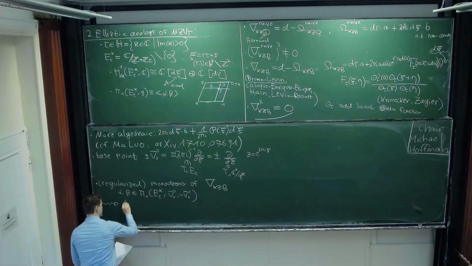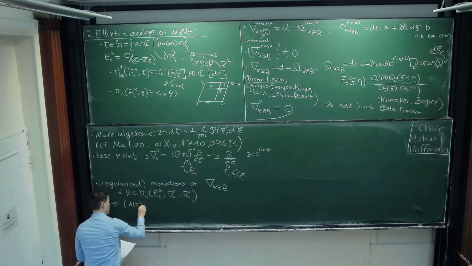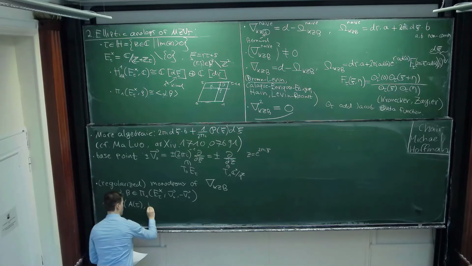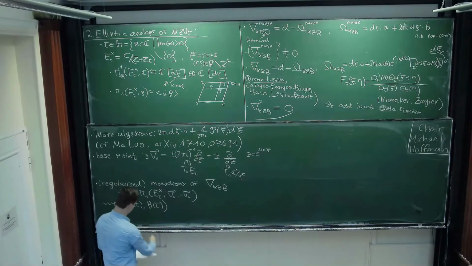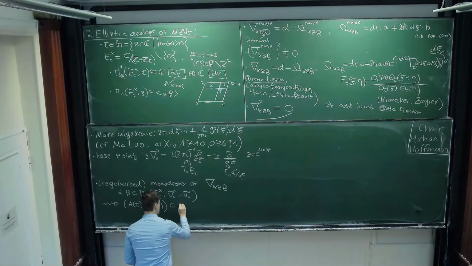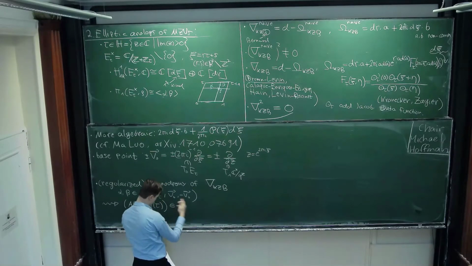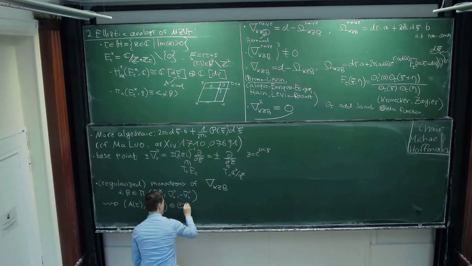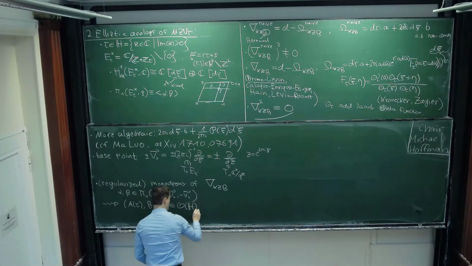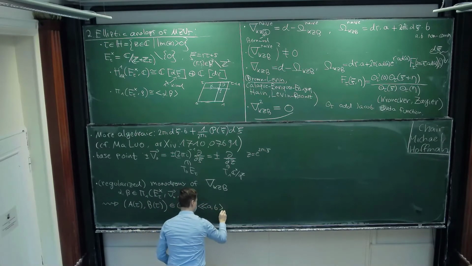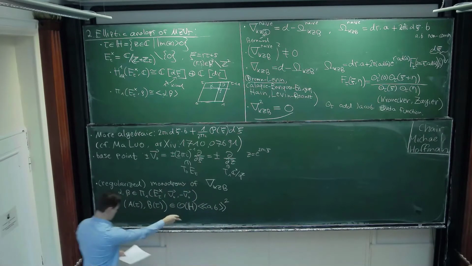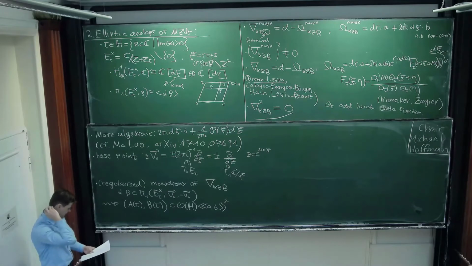get two power series. You'll get a tuple of power series A(τ) and B(τ). Everything will depend on the modular parameter, and it's going to be still a formal power series in A and B, but the coefficients are now going to be holomorphic functions on the upper half plane. It's a direct product of two copies.